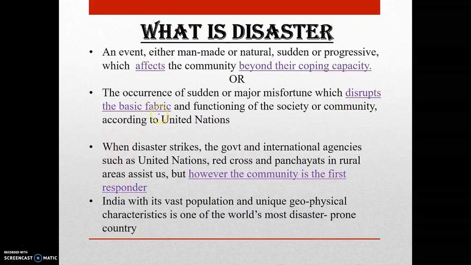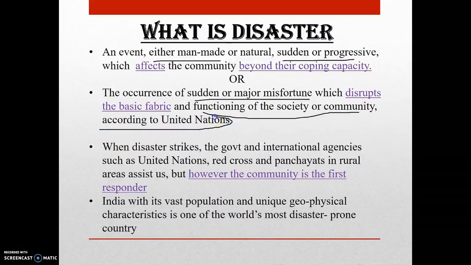What is disaster? Disaster is an event, either man-made or natural. It may be sudden or progressive, which affects the community beyond their coping capacity. In other words, it is the occurrence of a sudden or major misfortune which disrupts the basic fabric and functioning of society and community, according to the United Nations.